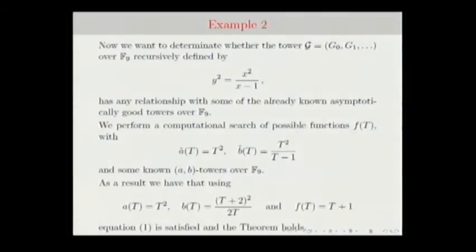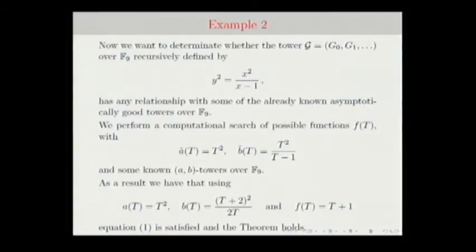Another interesting example is when we took this other tower. This tower was already known by Garcia, Stichtenoth, and Rück in the same article, but they say, well, we have all of these towers, and surely they know, but they didn't say that this was also a subtower of the two previous ones.